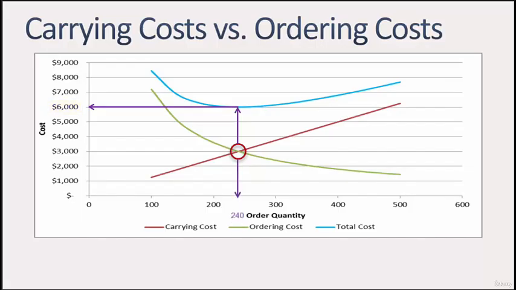If you extend the perpendicular downwards to intersect the x-axis, it'll give you the EOQ, which in this case is 240 pieces. This is telling you that 240 pieces need to be ordered, which will give you the lowest overall cost of carrying inventory and ordering it.